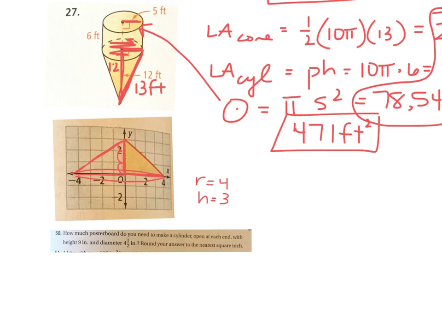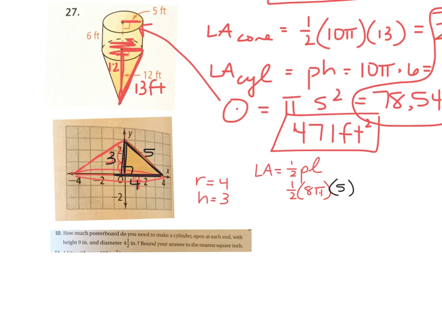So if we're trying to find the surface area, we've got to start with lateral area, which is 1/2 PL. So 1/2, the perimeter of the base would be pi d, so 8 pi if the radius is 4. And then the slant height, if this is 3 and this is 4, let's do a different color so it stands out a little more. So this side is 3, this side is 4, and it's a right triangle, so 3, 4, 5 is our Pythagorean triple.